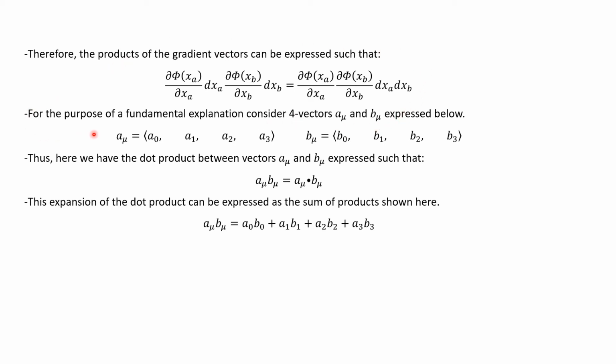For the purpose of a fundamental explanation, consider four vectors A and B expressed as we see here. Thus, here we have the dot product between vectors A and B expressed such that, as we see here. This expression of the dot product can be expressed as the sum of products shown here.